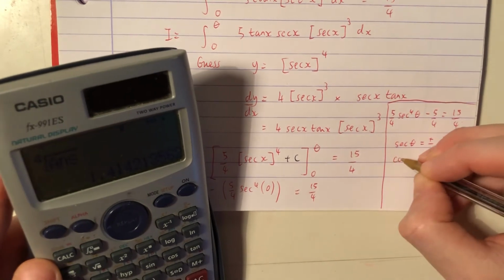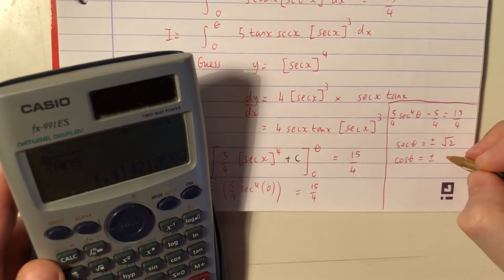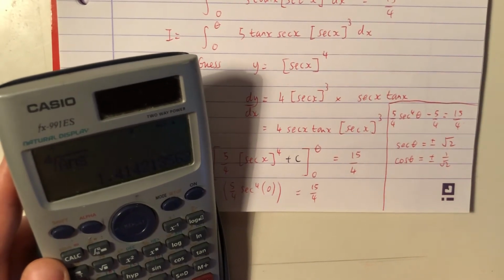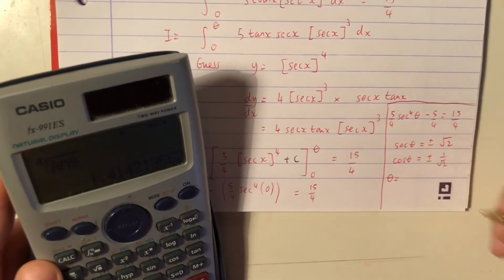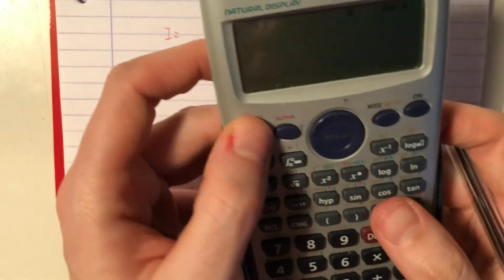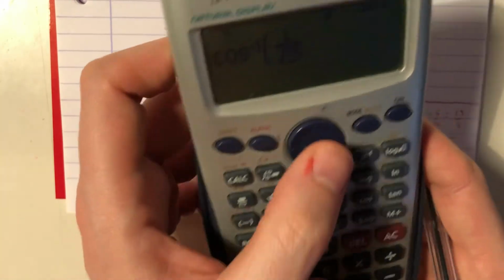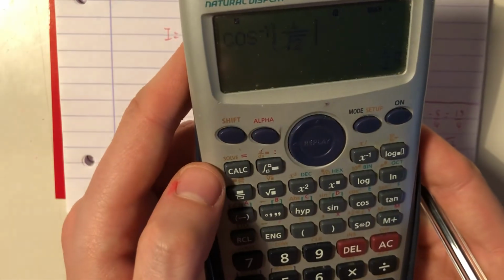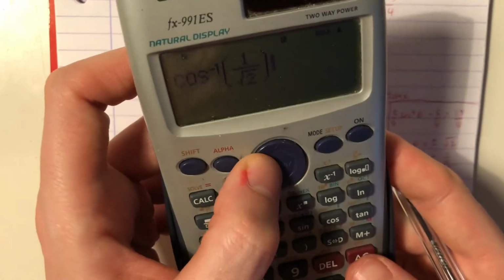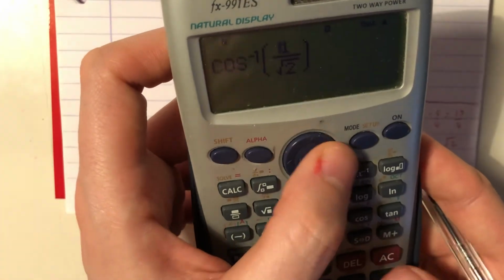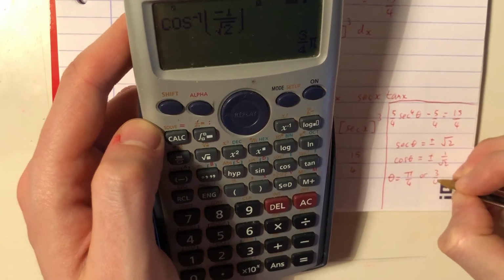Now this would give you cos theta is plus or minus the reciprocal, flip everything, 1 over root 2, to give you theta equals, let's do inverse cos of 1 over root 2, the plus 1, pi by 4, or inverse cos of minus 1 over root 2, 3 pi by 4.